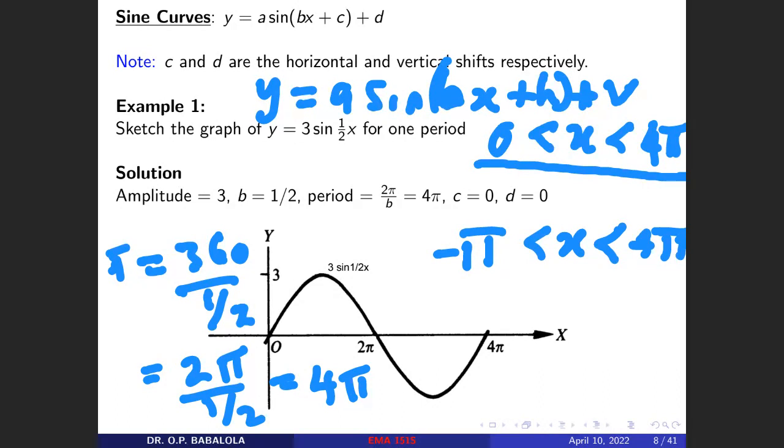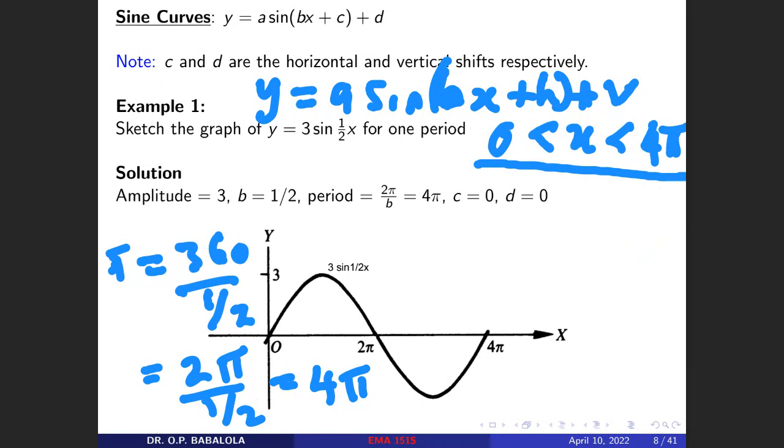This other one I wrote here is just an illustration. It's not the example we're solving. Oh, okay, my bad. This is just an illustration where I was trying to illustrate period. Oh, so the other range is 0 to 4 pi. Okay, thank you.